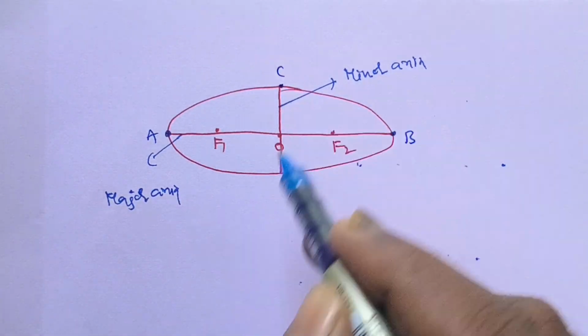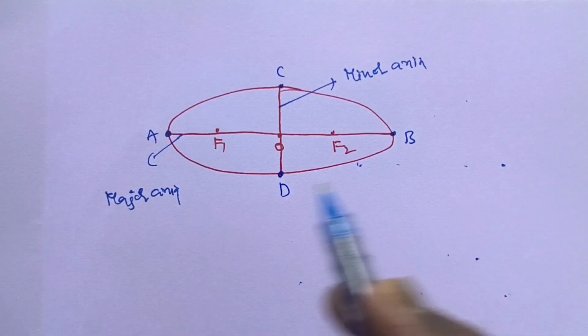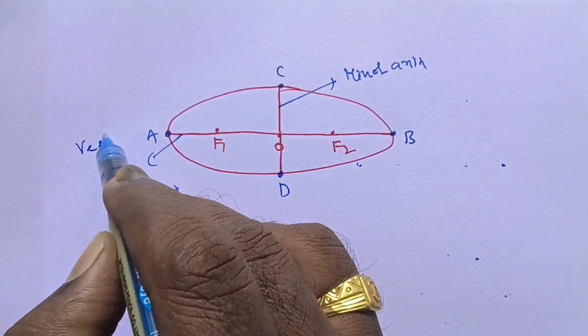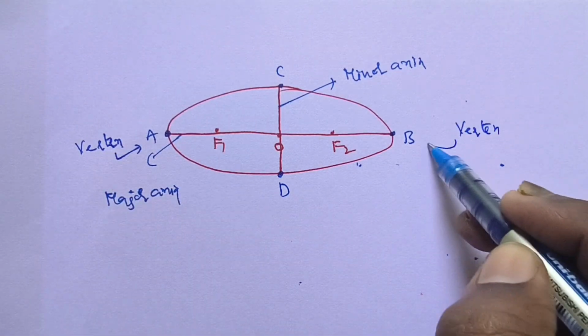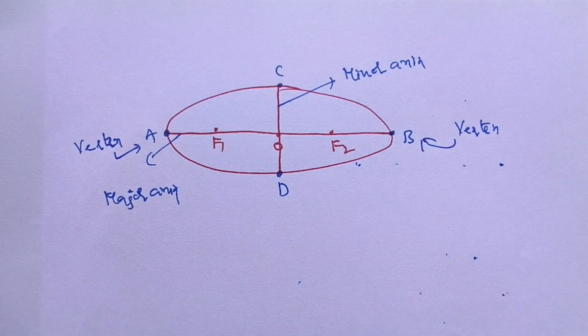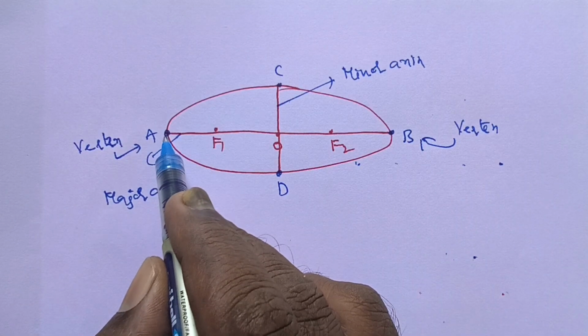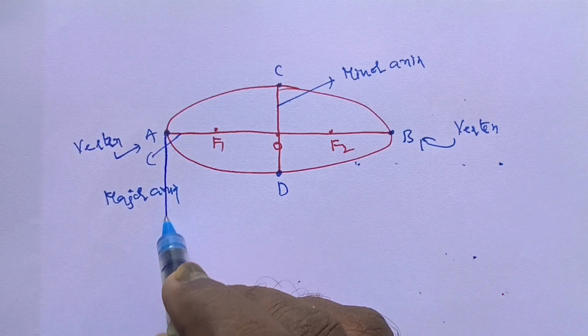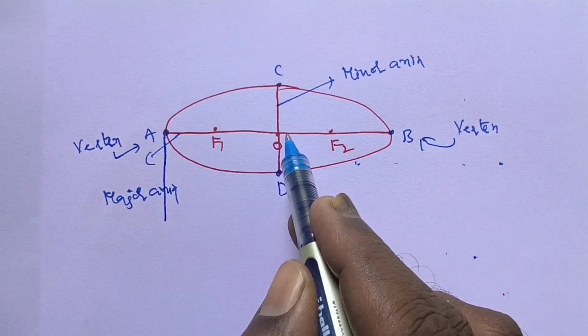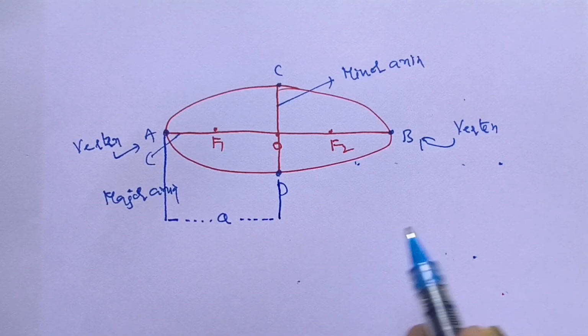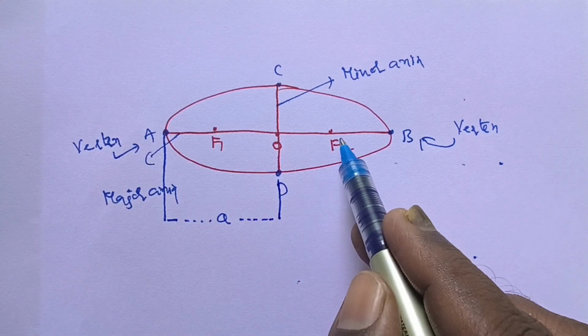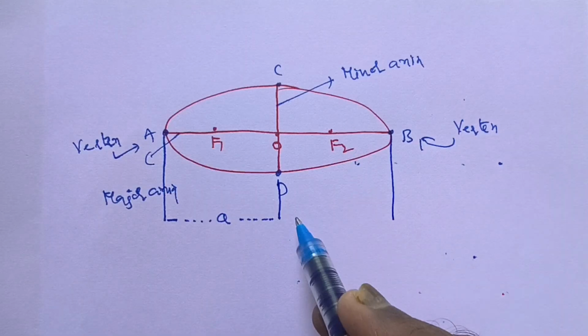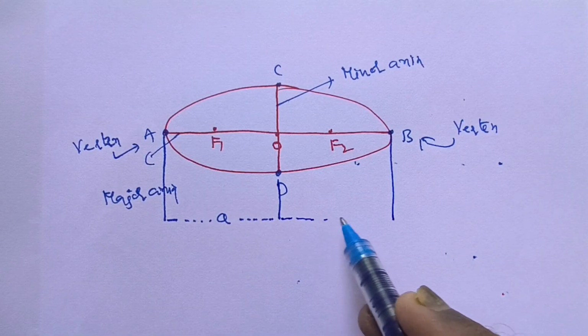This is A and this is B, and this is C and this is D. Here A is a vertex and B is also a vertex. Now the distance from the vertex A to the center O is a units, and the distance from the center O to B is also a units.